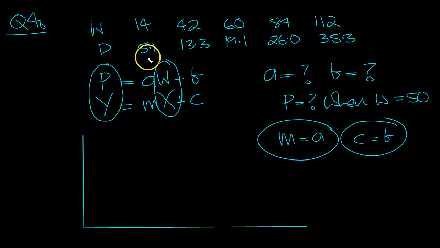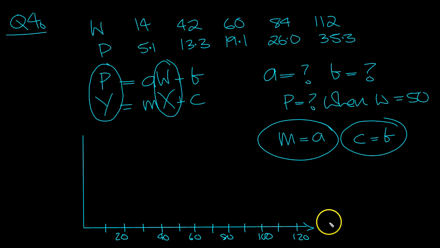So, P and W. P is the y-axis, W goes up to 112, so it's 10, 20, 30, 40, 50, 60, 70, 80, 90, 100, 110, 120, 20, 40, 60, 80, 100, 120, and this is the w-axis, the x-axis, and then the p-axis here goes up to 35, so it's 10, 20, 30, and 40.